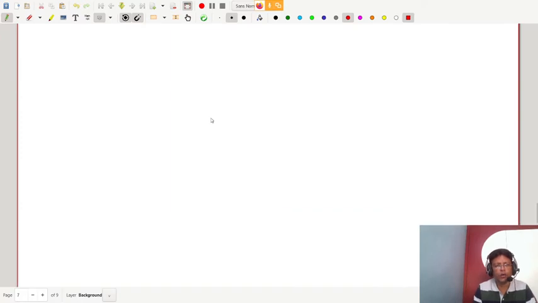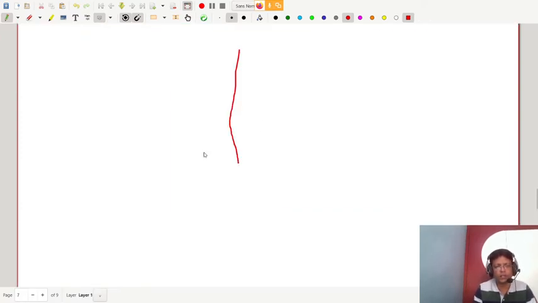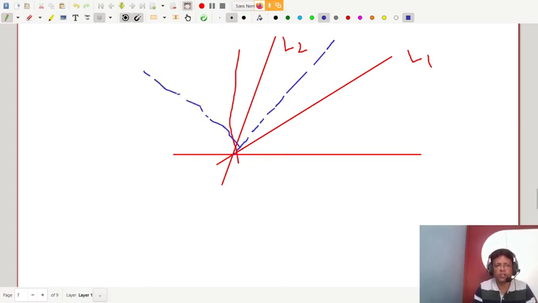So, again, let me draw the diagram so that you can understand. These are the two lines. This is one of the lines, L1, and this is another line, suppose L2, straight lines, and the two bisectors are, this is the acute angle bisector, right? And this is your obtuse angle bisector, okay?